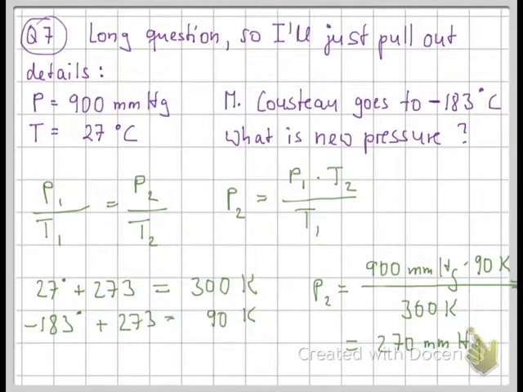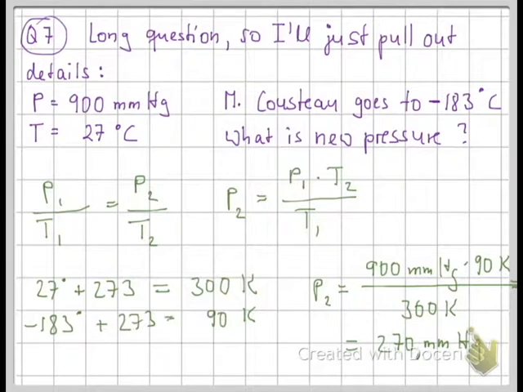Kelvin, the 90 degrees Kelvin would only be 2 significant figures, which is fine because that's 2 significant. Our answer is actually only 2 significant figures as well, because the 0, unless I placed a dot there, would not count as being significant.